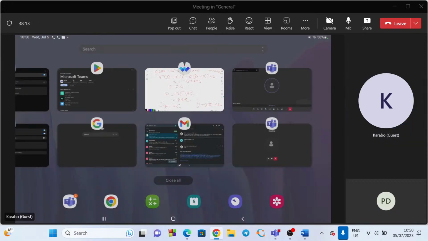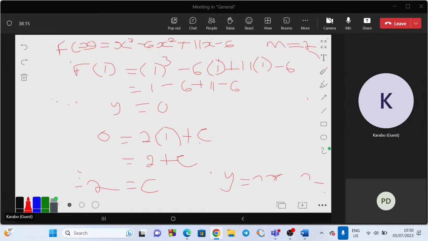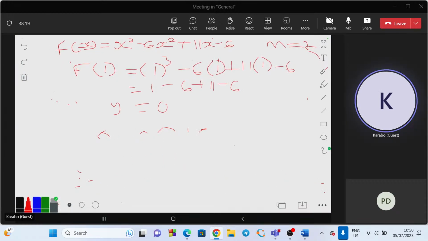It's going to be the same. So this one, you see, is very simple. There is nothing hard there.